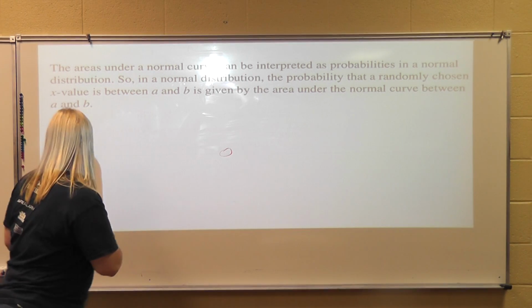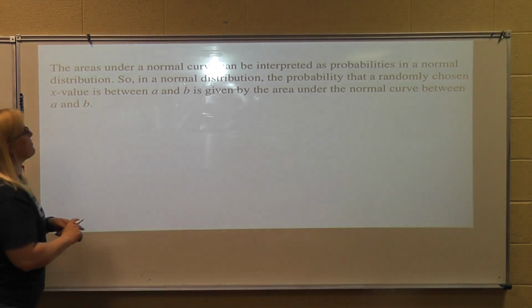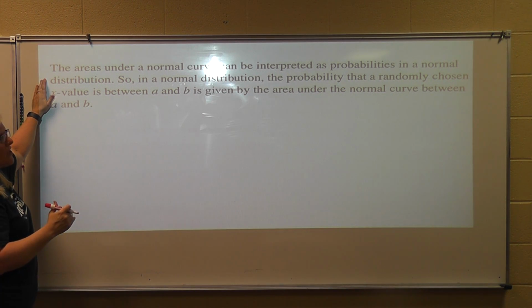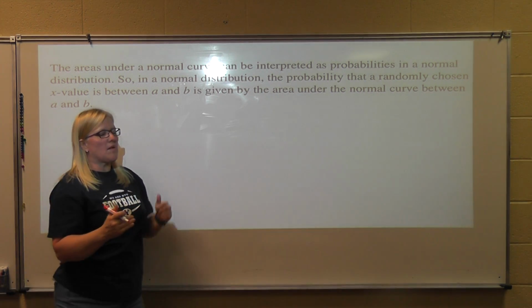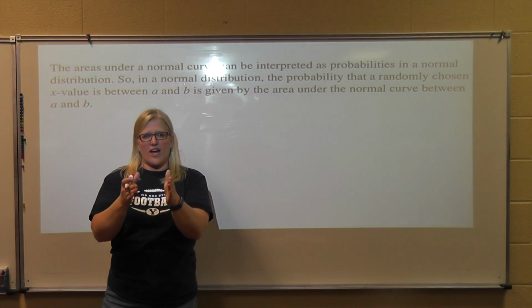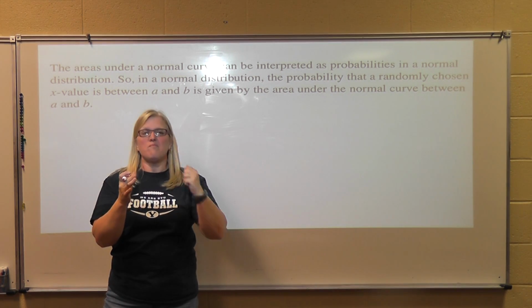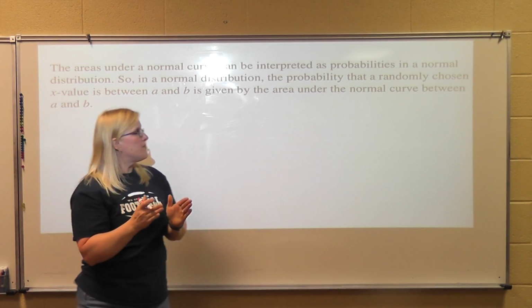Okay, so, and I mentioned this earlier, the areas under a normal curve can be interpreted as probabilities in a normal distribution. You've got the area under the curve, and that's the probability that something is going to fall within that range.